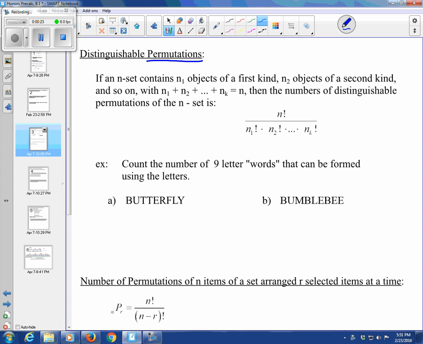So for distinguishable permutations, and we want to be clear here, an n set is going to contain n items.